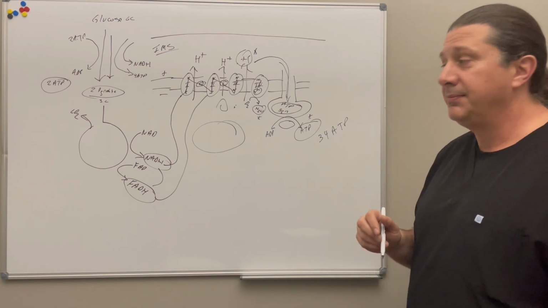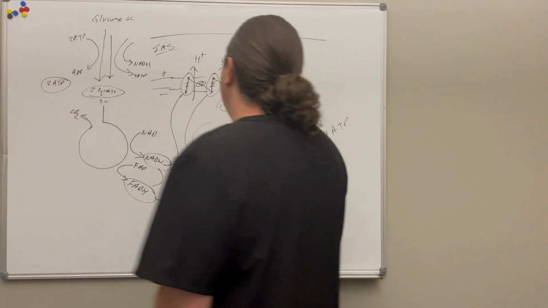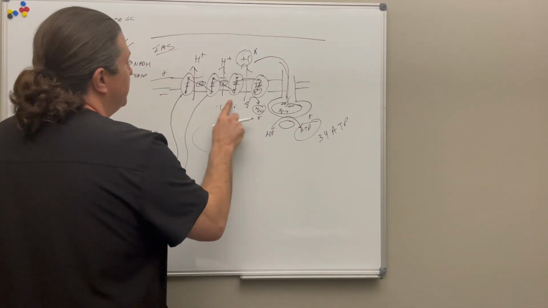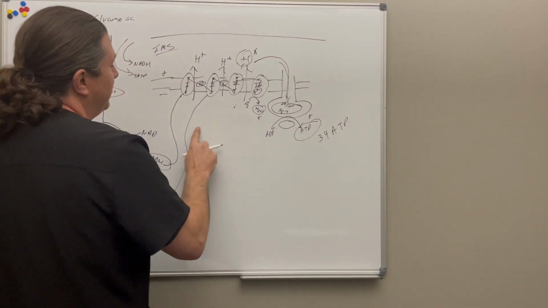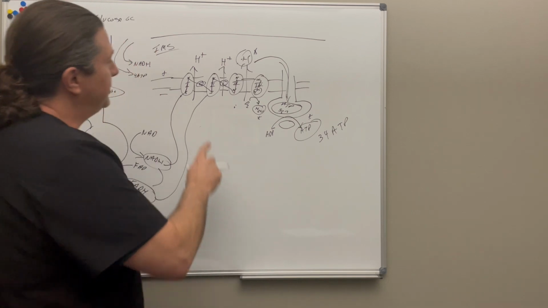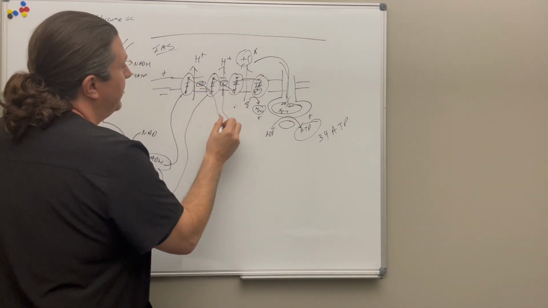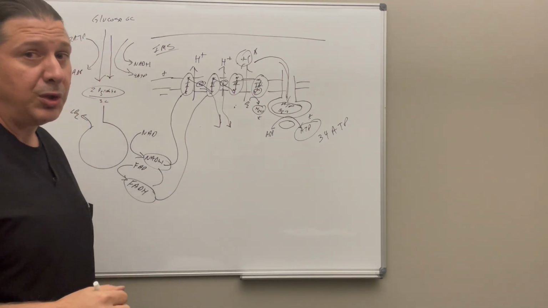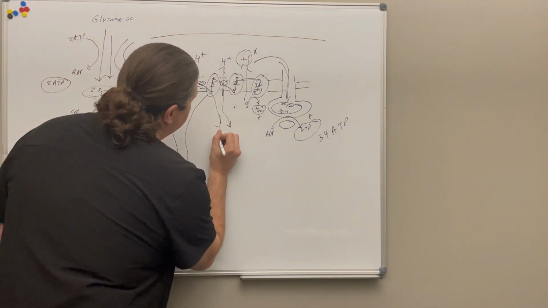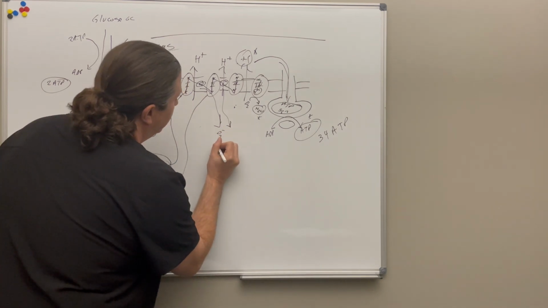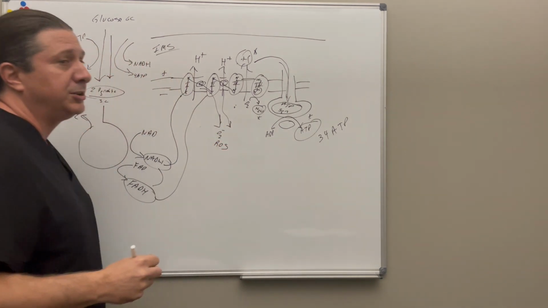During this process, if things aren't going as planned, which they never do, every system has slight inefficiency. If during this process any of these electrons escape before they get to cytochrome oxidase to create water, we create something called reactive oxygen species.